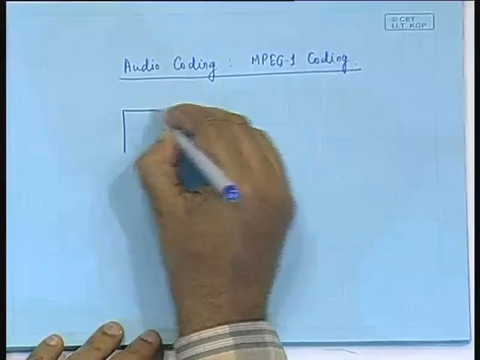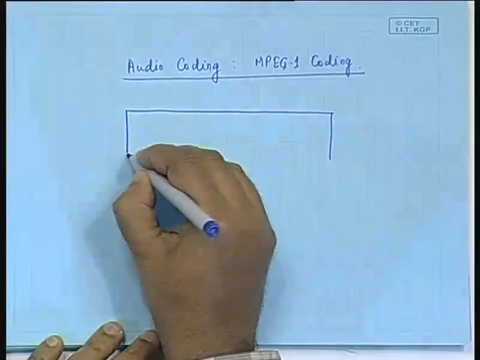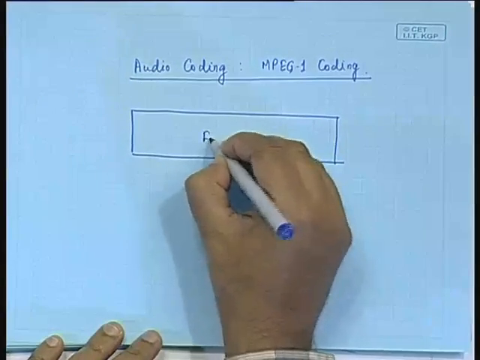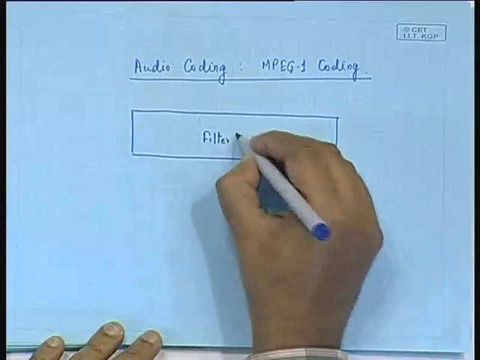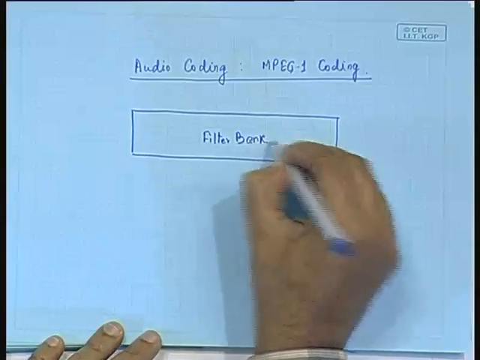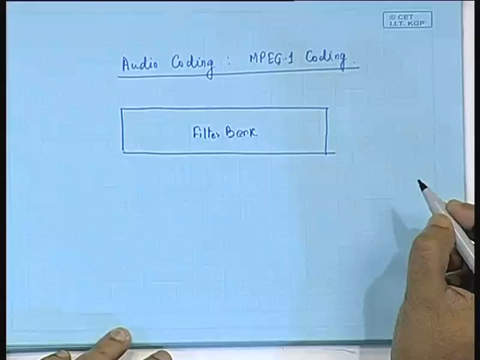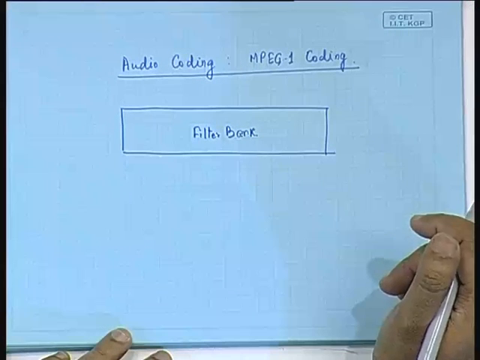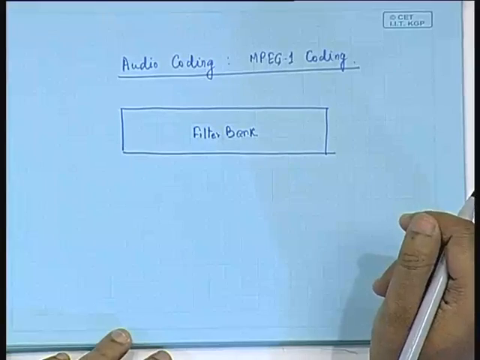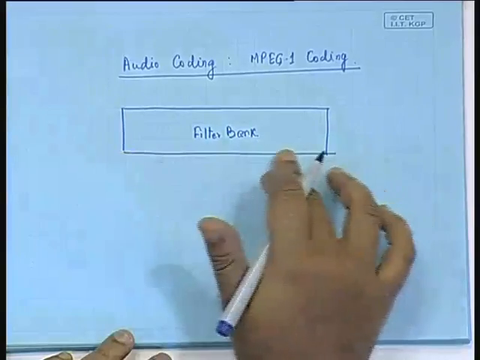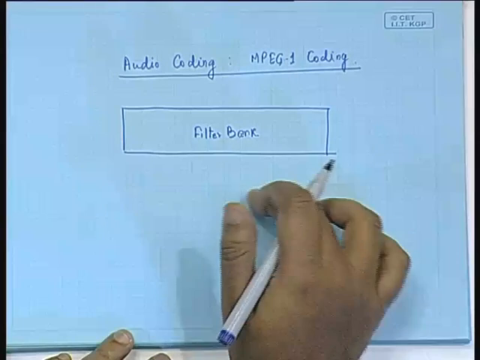We have a filter bank first, and this filter is realized in the form of multi-band filtering, where we apply the same technique, that is the time domain alias cancellation, and we adopt a frequency domain filtering rather than the time domain filtering. This filter bank implementation we will be discussing very shortly.